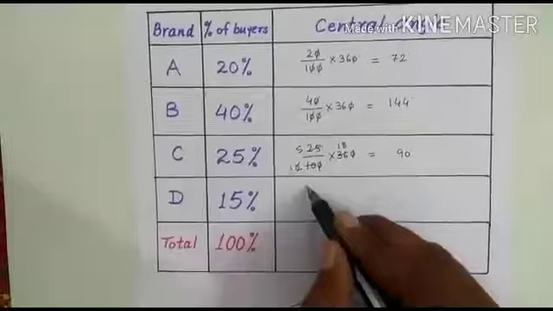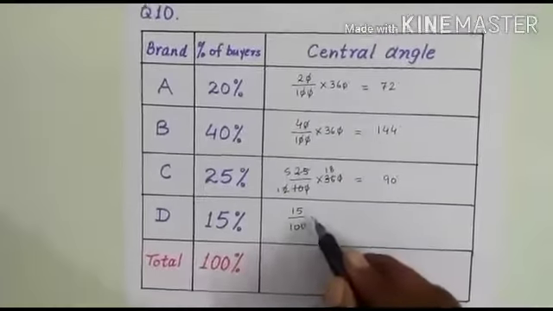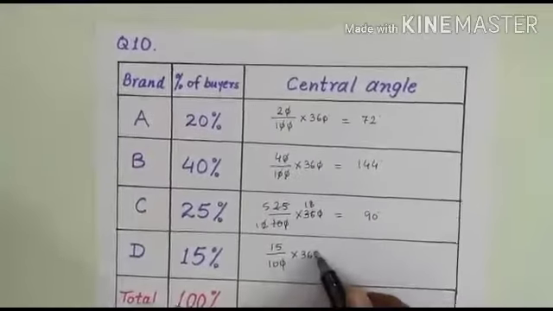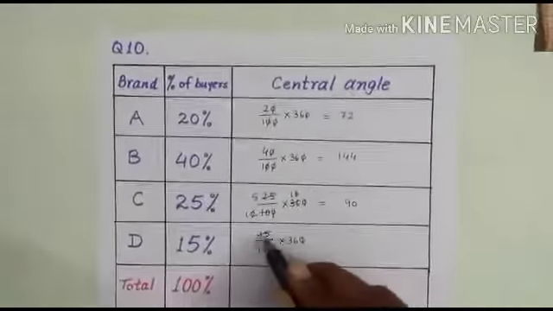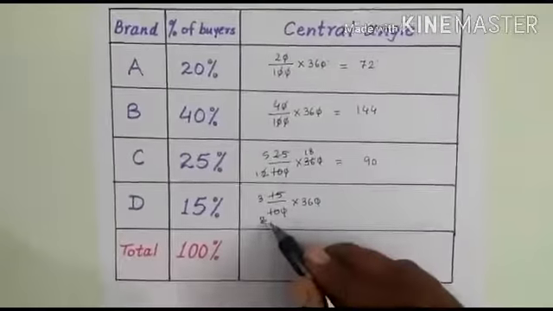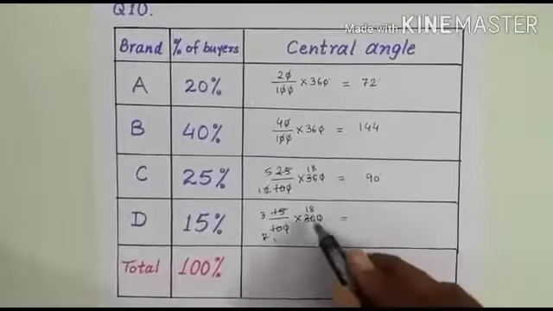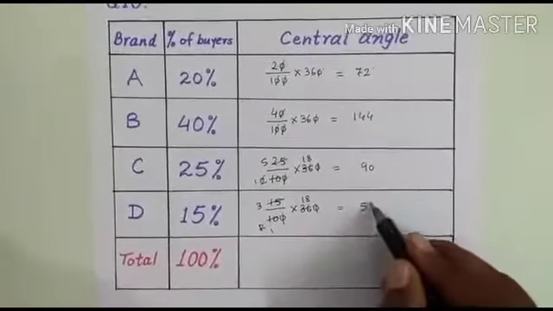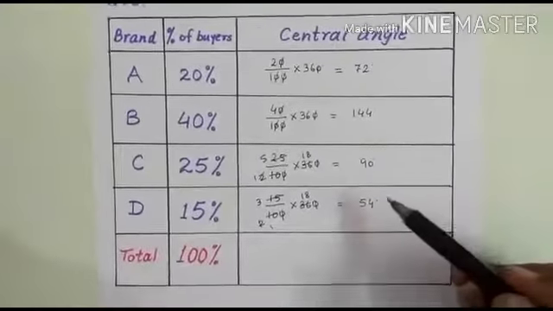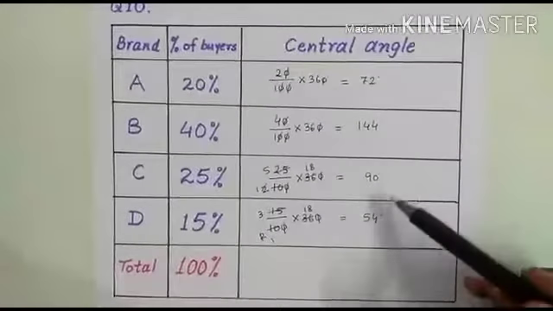And last, 15%, 15 upon 100 into 360. 0 to 0 cancel, 5 threes are 15, 5 twos are 10, 2 ones are 2, 18 twos are 36, 18 threes are 54 degrees. Thus we have found the central angle for brands A, B, C and D.